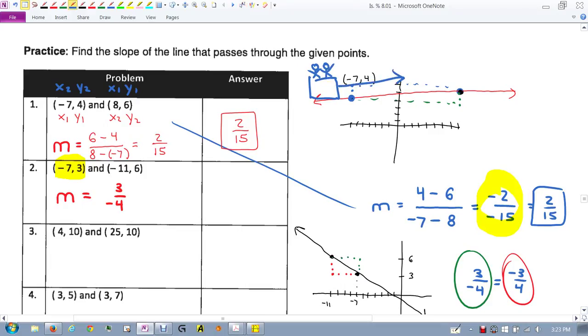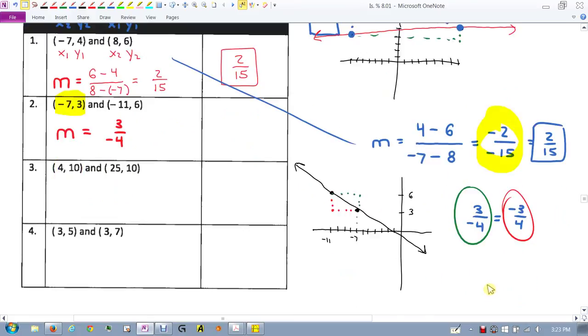Yes? Positive slopes have an upward pitch, if we're looking at it from left to right. Negative slopes pitch down, right? Going down.